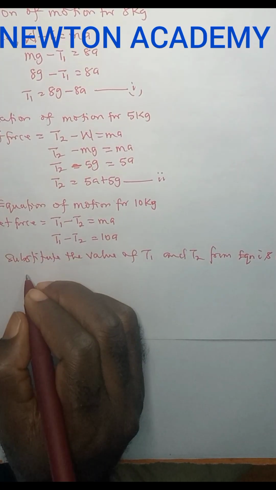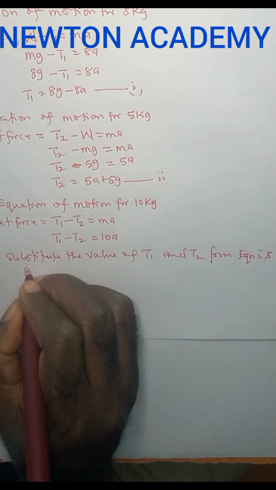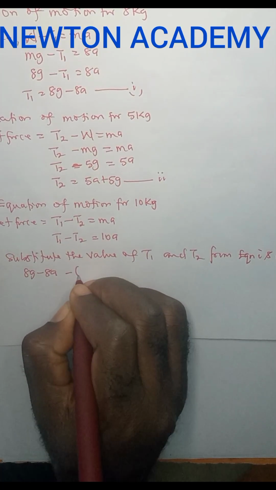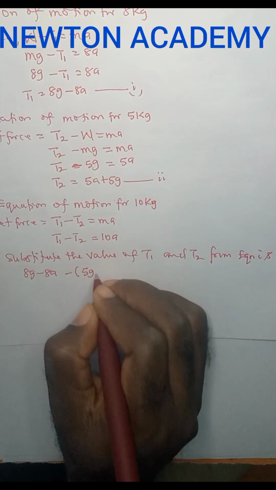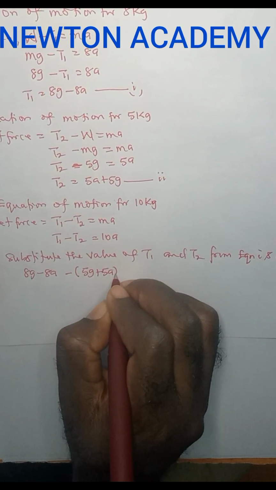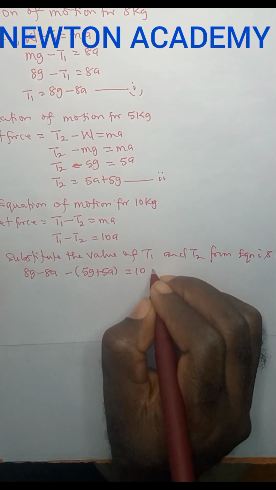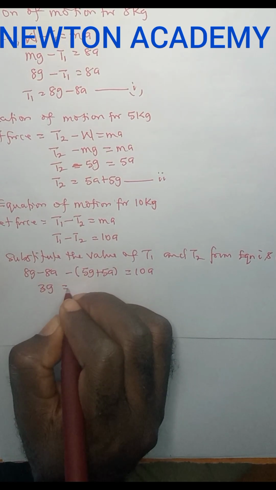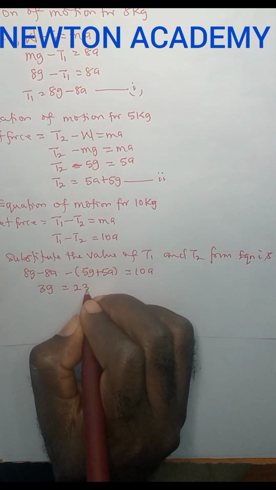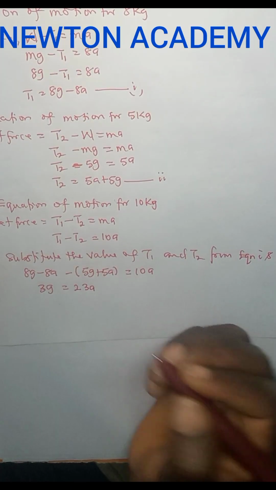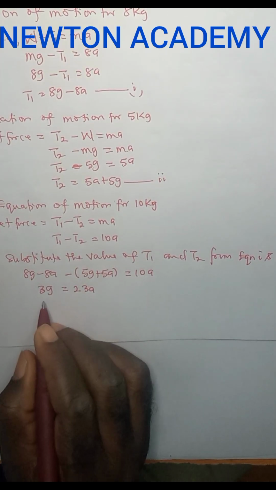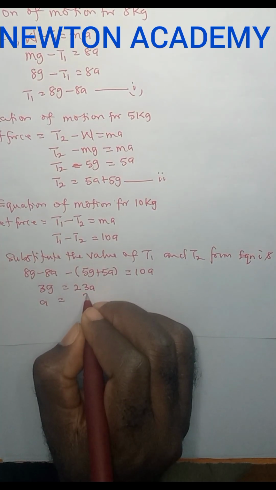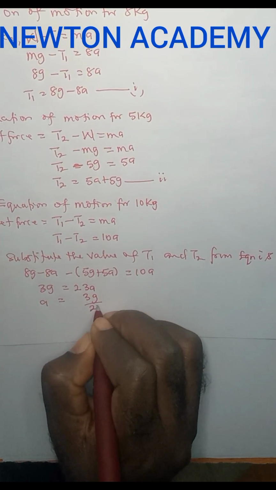In doing so, we are going to have 8g minus 8a minus, we open the bracket, 5g plus 5a, is equal to 10a. Then when we simplify further, we are going to have 3g is equal to 23a. Then a is going to be 3g over 23.